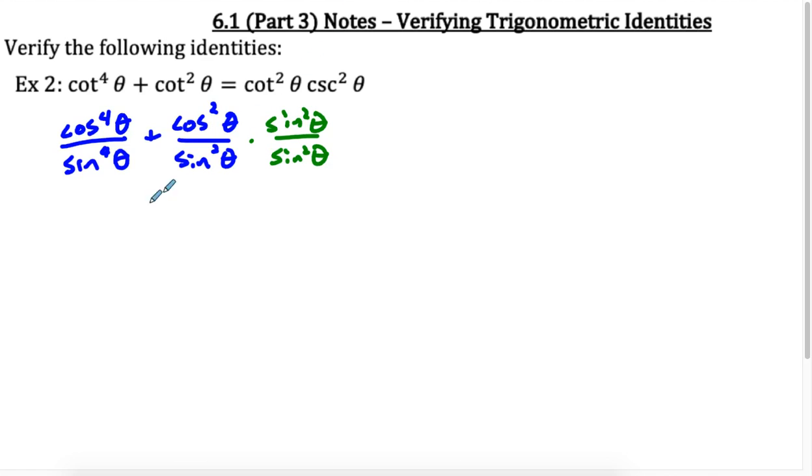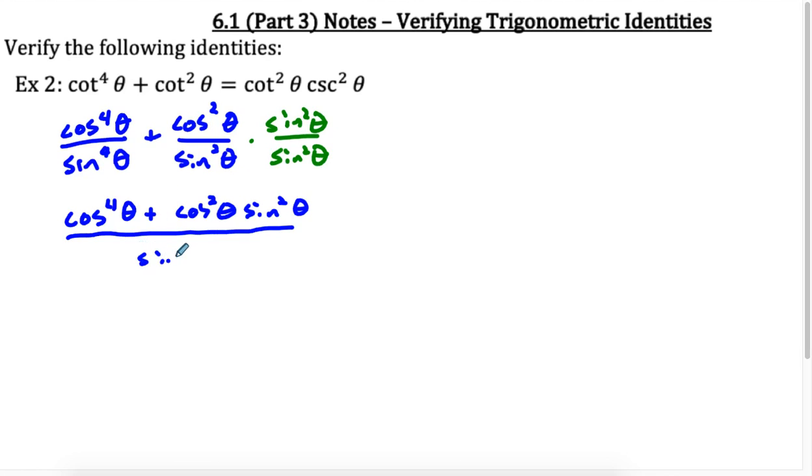So I will end up with cosine to the fourth plus cosine squared times sine squared. And I'm going to go ahead and combine those, right? My common denominator will be sine to the fourth when I add those together.